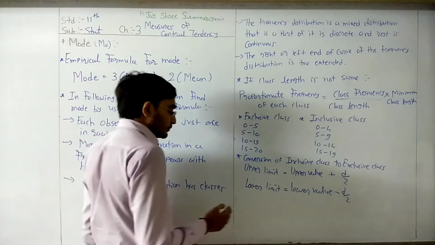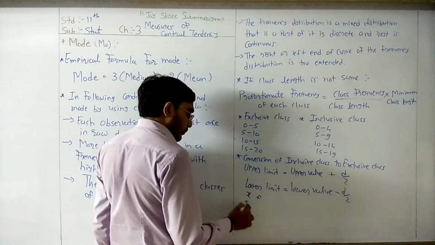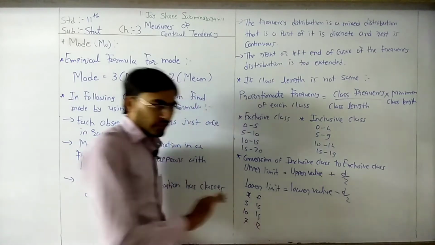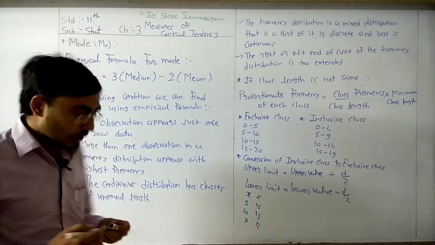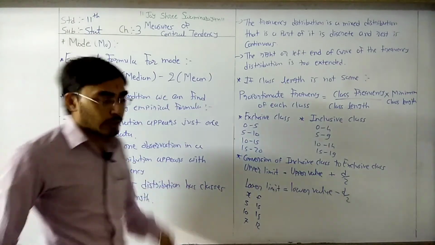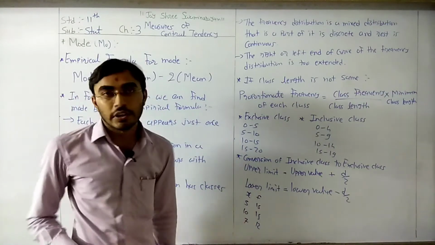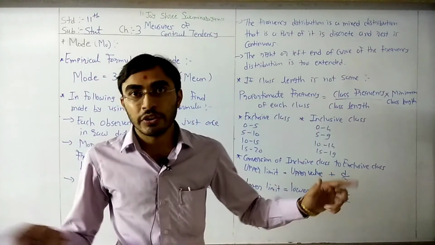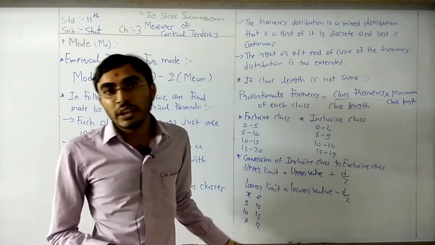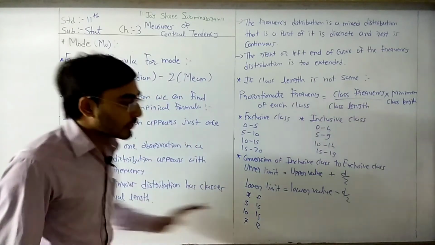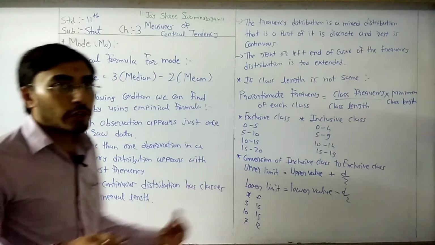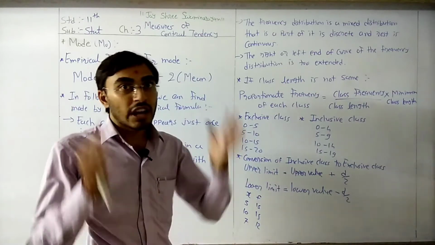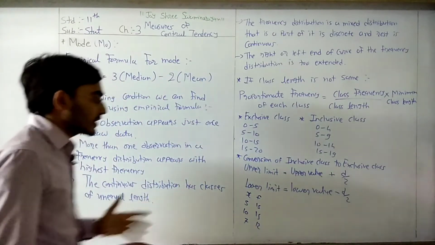Let's suppose we have x and f: 5 occurs 15 times, 10 also occurs 15 times, and 7 occurs 12 times. This is the simplest data; I take only 3 values here. Both 5 and 10 have the highest frequency, 15. So what is the answer for the mode? Even in this condition we cannot find the mode by using that formula. If more than one number has the same highest frequency, we cannot find the value of the mode.